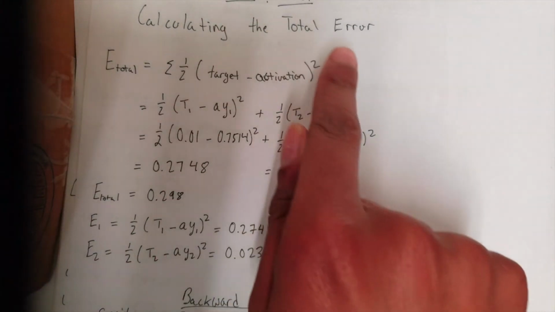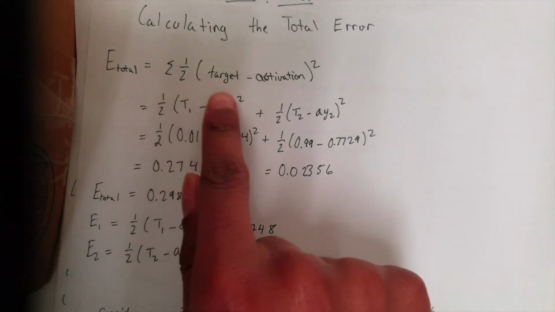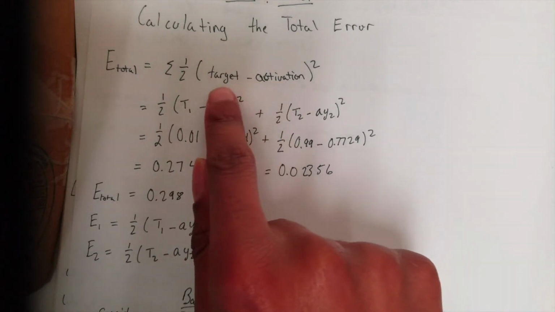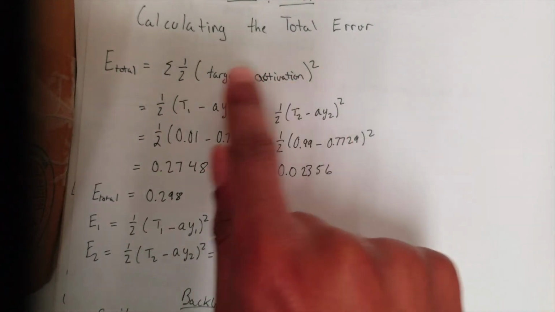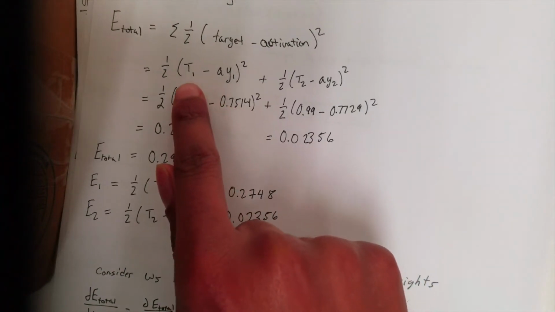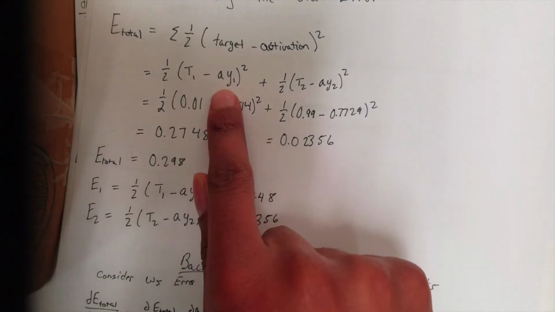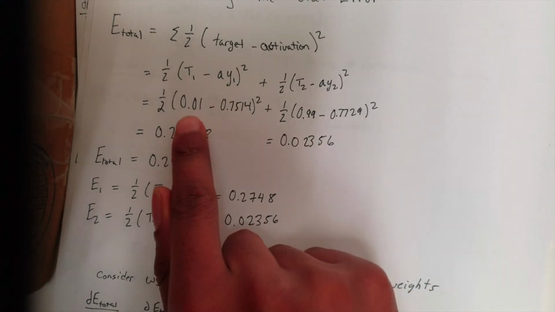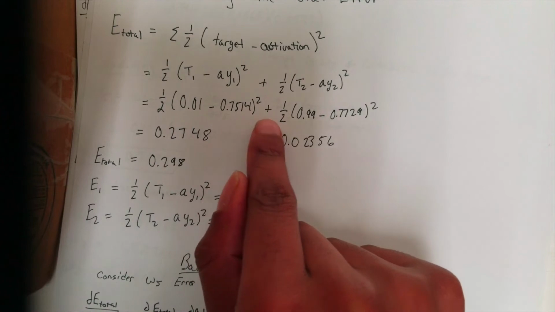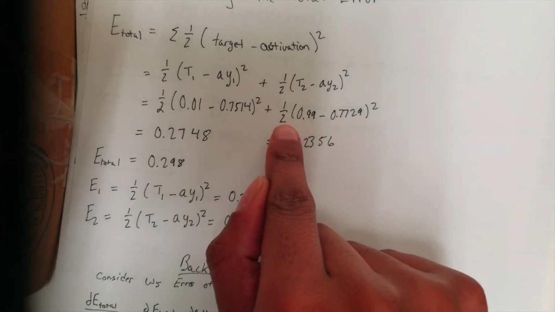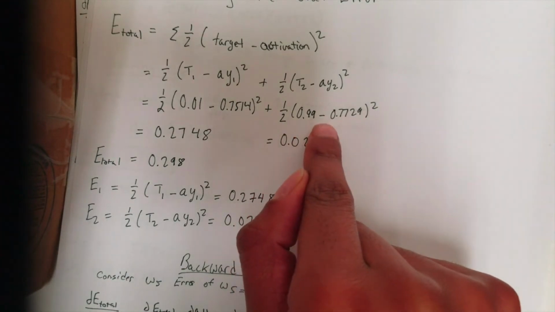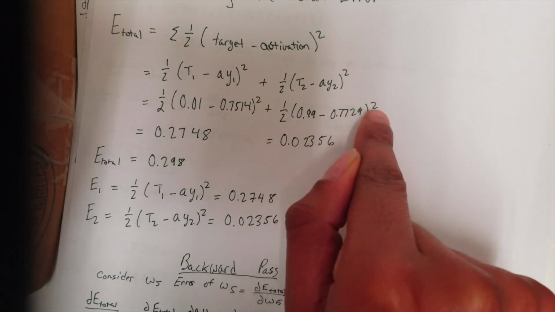First, we calculate the total error, which is equal to the sum of all the targets minus the activation, squared, times 1/2. So first, we have target 1 minus the activation of y1, which is 0.01 minus 0.75 squared, plus 1/2 times, in parentheses, 0.99 minus 0.77 squared.